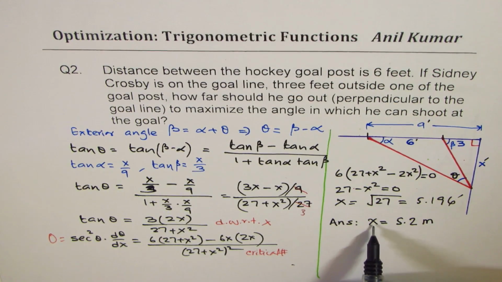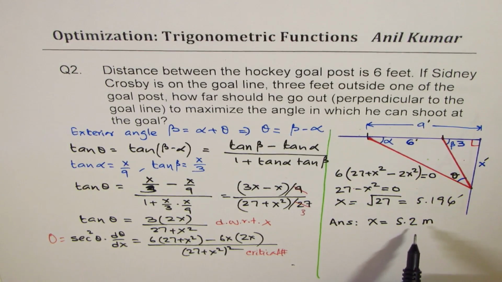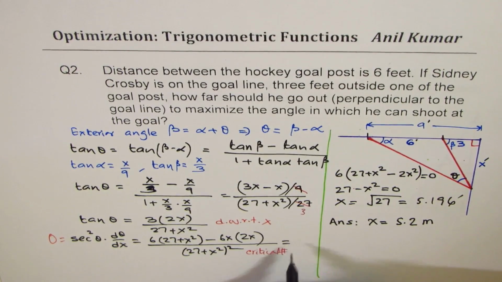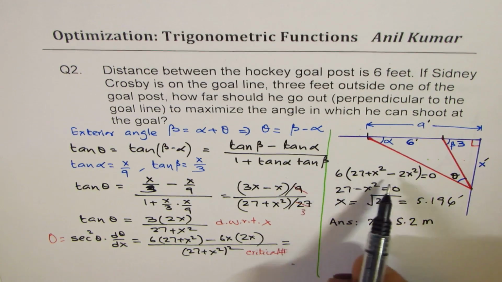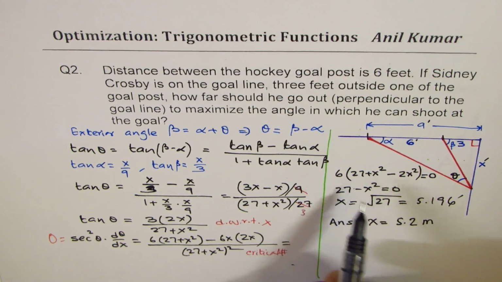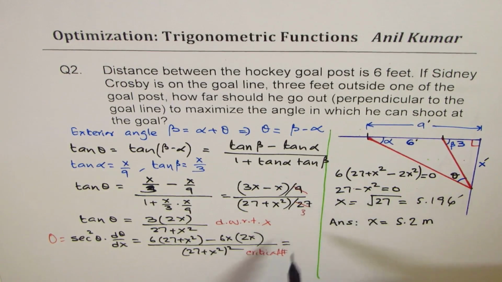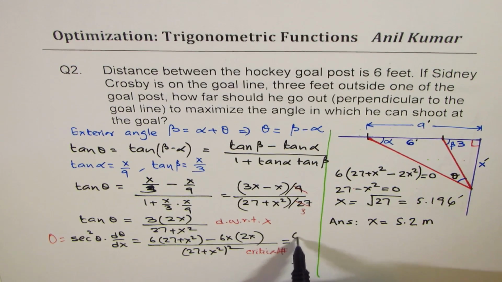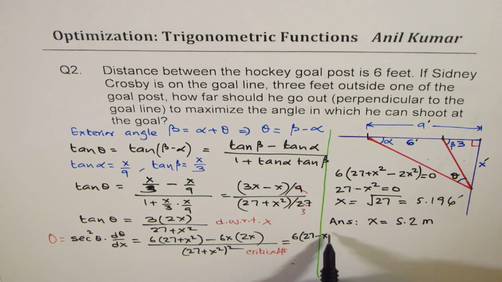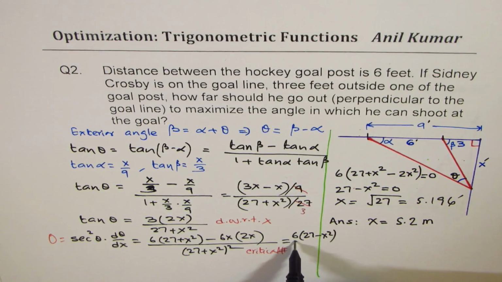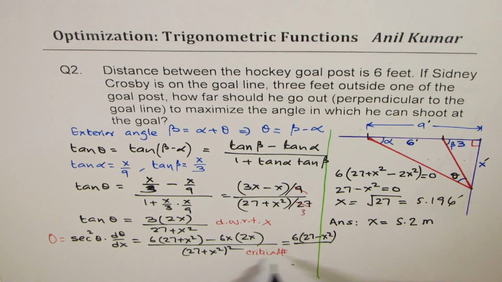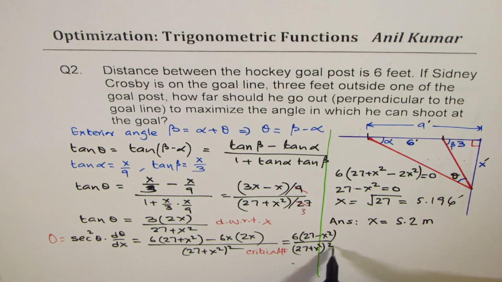Now, whether this is a maximum or not, how do we figure this out? Well, the right hand side reduced to how much? 6 was common, right? And within the bracket we had 27 minus x squared. So let me write down 6 times 27 minus x squared, and the denominator is 27 plus x squared whole square, correct?